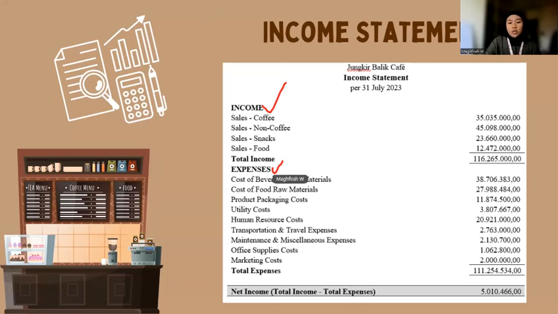By subtracting the total of expense from the total income, we can find the net income for the period, and the amount is positive. So it shows the cafe's profitability during this time frame and highlights the areas where the business has done well and where there might be room for improvement.